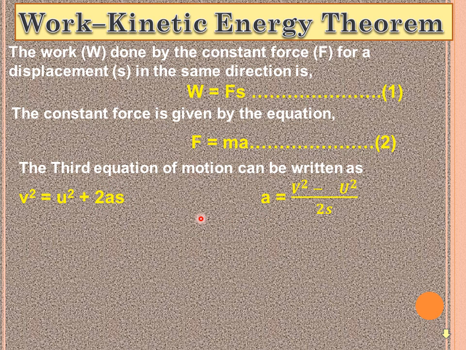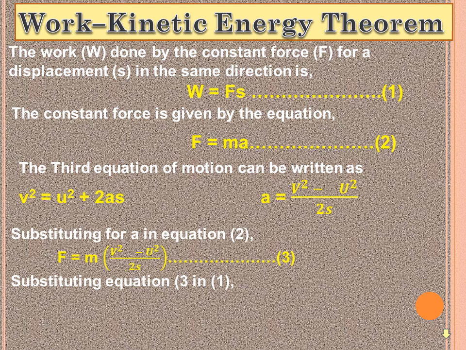So a is equal to (v square minus u square) divided by 2s. Now, substituting the value of a in equation 2, you get F is equal to m (v square minus u square) divided by 2s. Let us consider this as equation number 3.